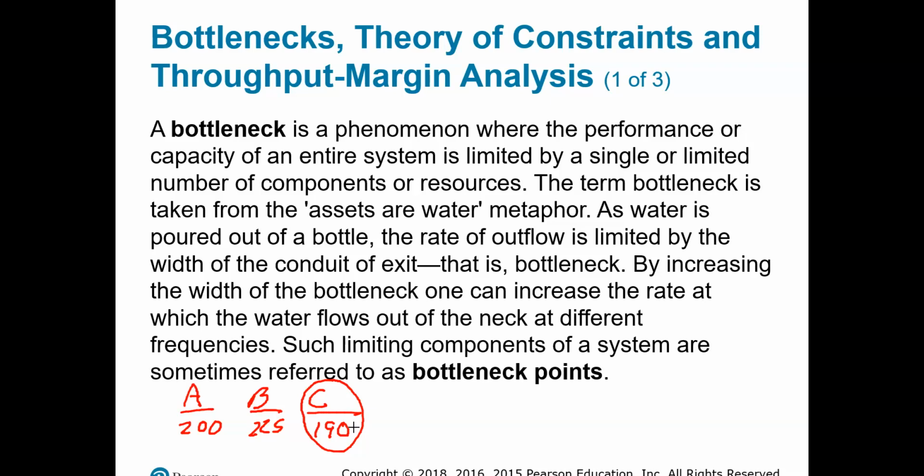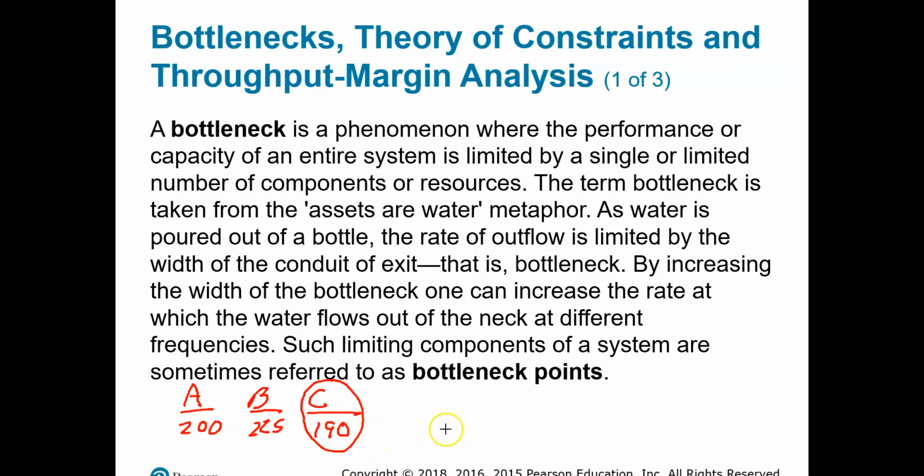So that is my bottleneck. That is my constraint. So I have to try to figure a way to relieve that bottleneck point. I have to try to figure a way to increase capacity there, because the most I can output at any one time is the least amount I can put out at any given point in the production process.